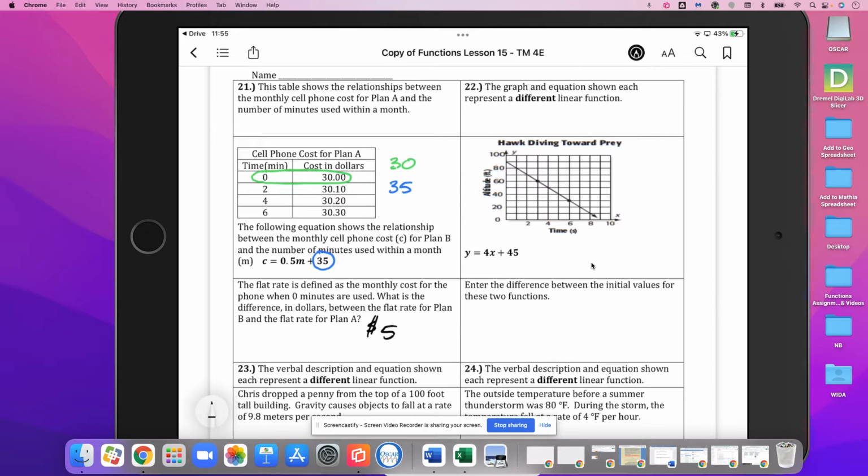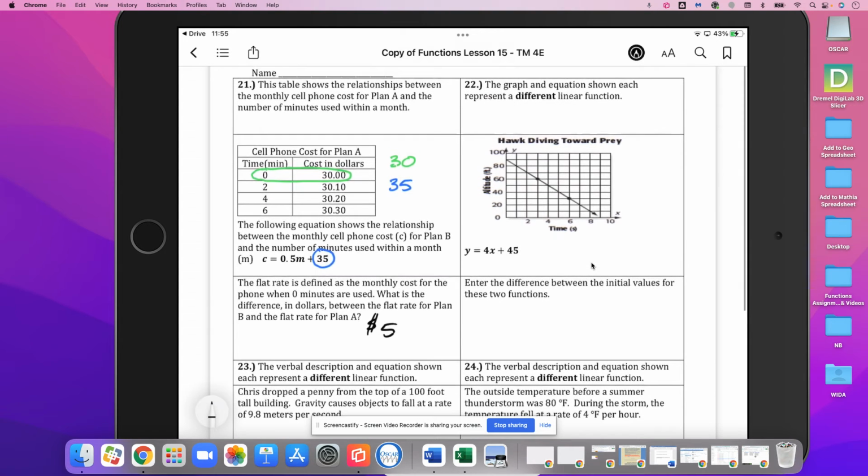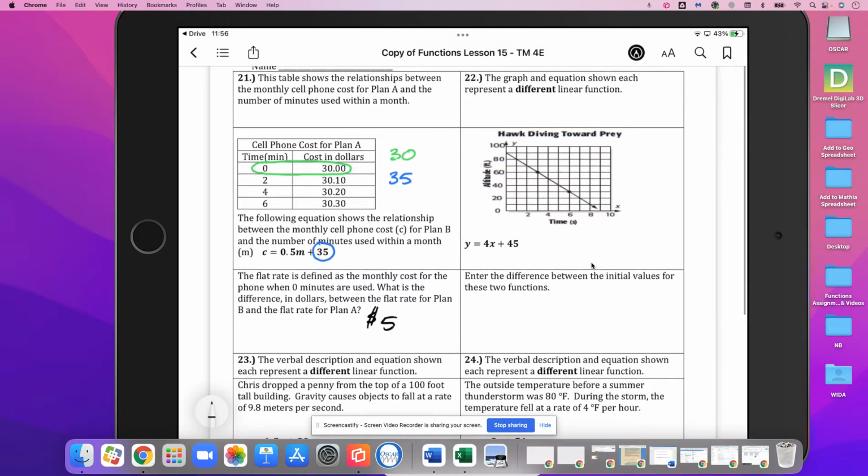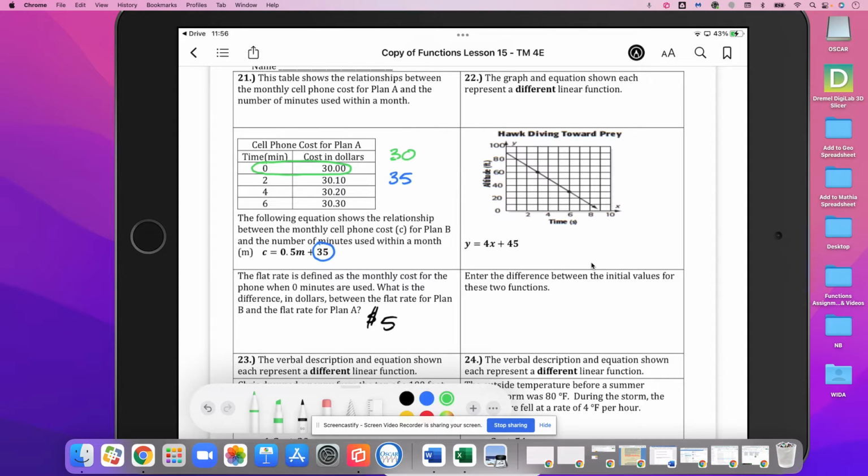Between those two things. So we've got an equation and we've got a graph for number 22. And again, if you need to pause and look at number 21 and make sense of it, that's totally cool. Number 22, we are asked to enter the difference in the initial values between that graph and that table. So the graph is going to have an initial value right there between 80 and 100.